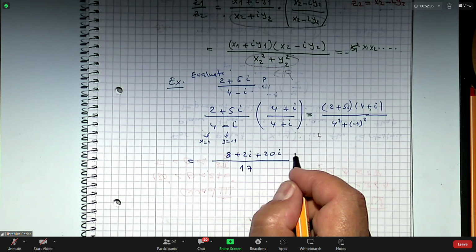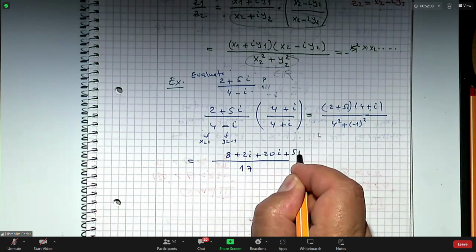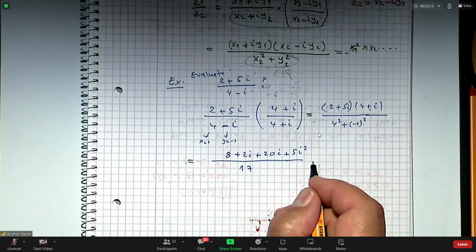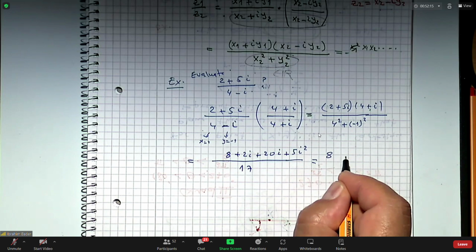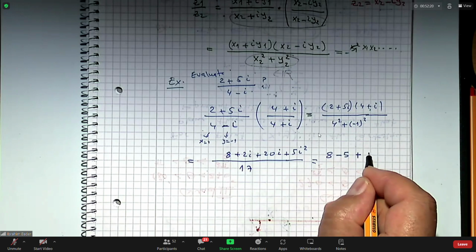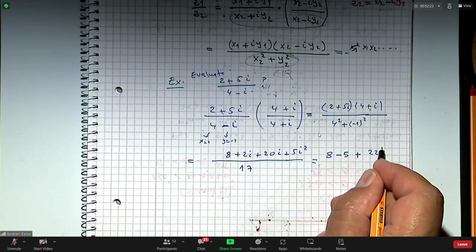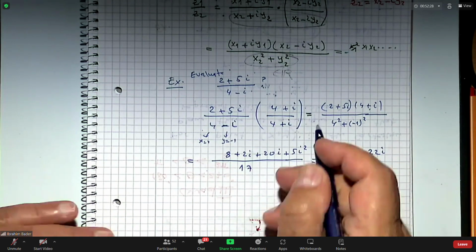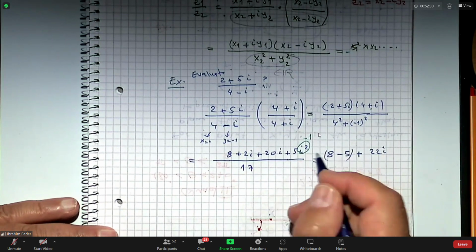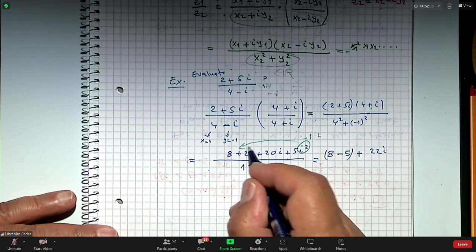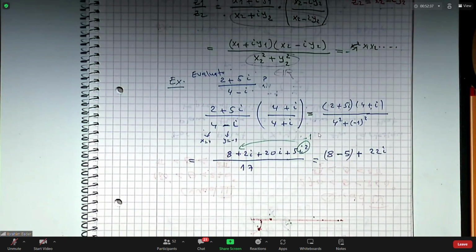And the final one, I got 5i squared, right? And this is equal to 8 minus 5 plus 22i. Maybe I need to explain this. This i squared is minus 1, so it becomes negative, and I will take this to the real component here.